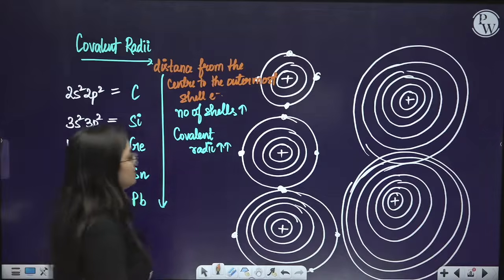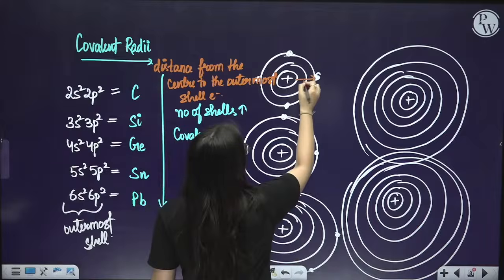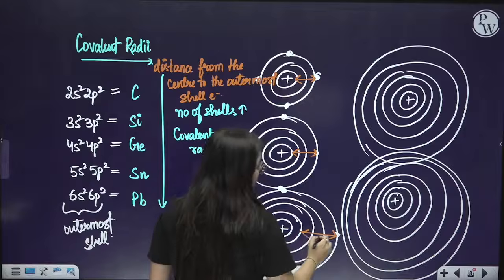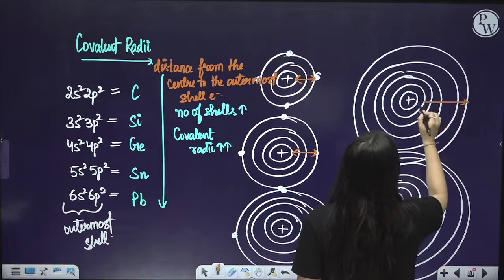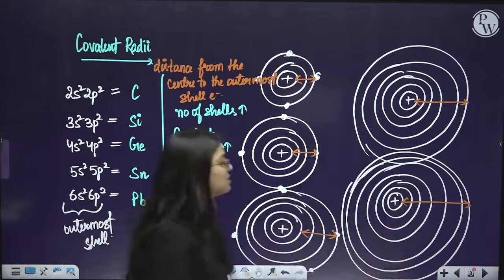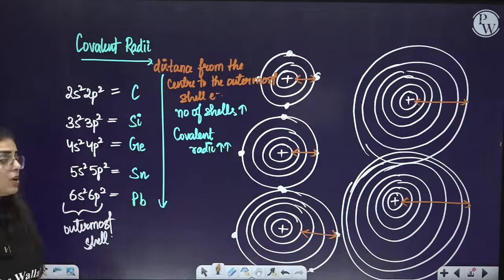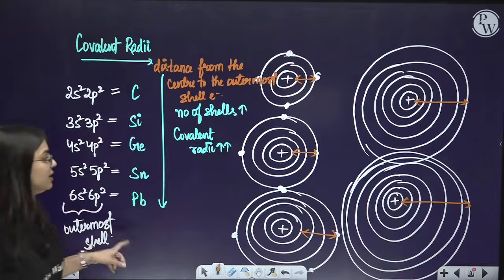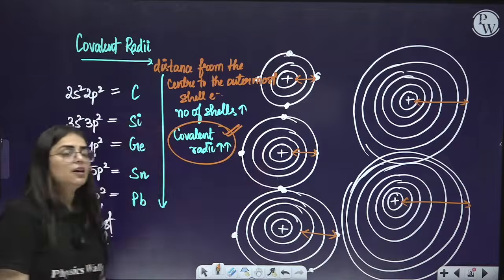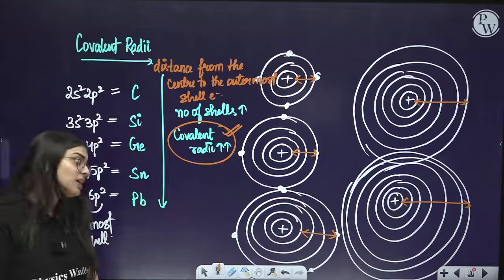So you can clearly see the distance from the nucleus to the outermost electron, distance like this. So what you are observing, the distance basically is increasing. That means on increasing the number of shells, covalent radii is going to increase. So this is the very simple, very basic trend with regard to atomic radii.